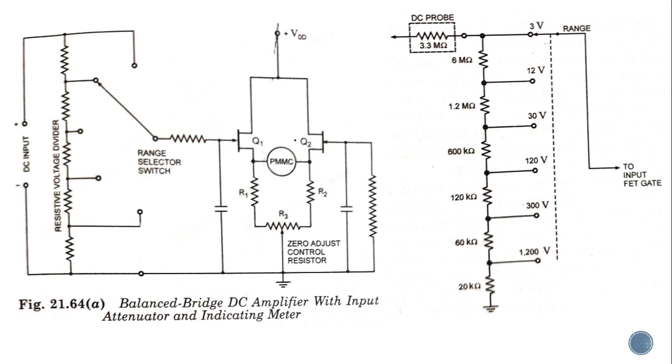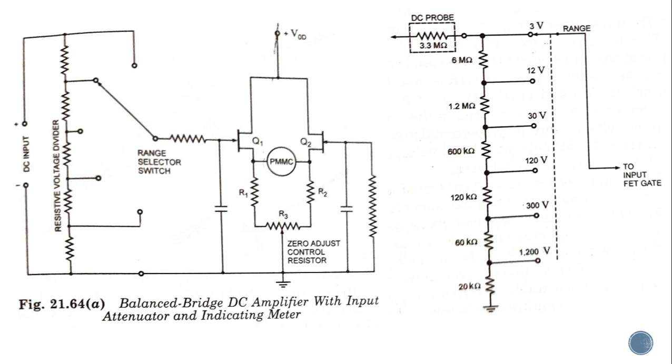And here at the input side, you can see there is a resistive voltage divider. This is acting as your attenuator. The voltage divider is selecting the range of the voltage which can be measured. It has been provided in a magnified version over here. This resistance represents 8 mega ohm.